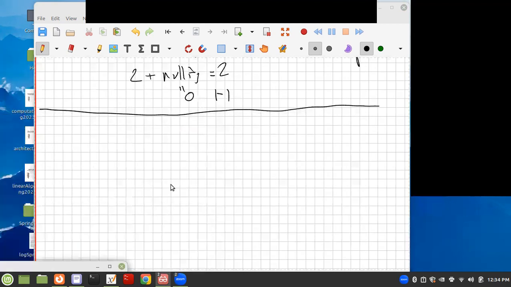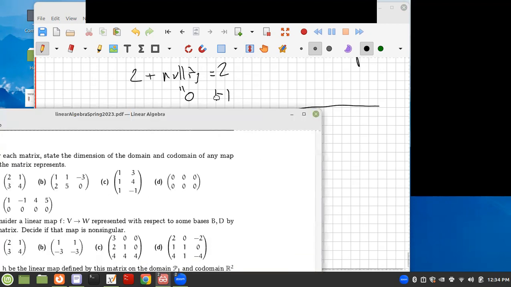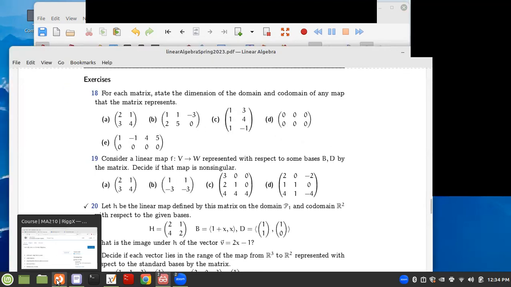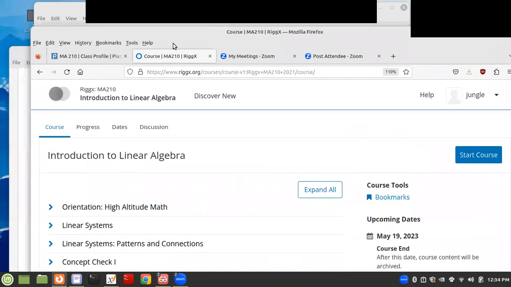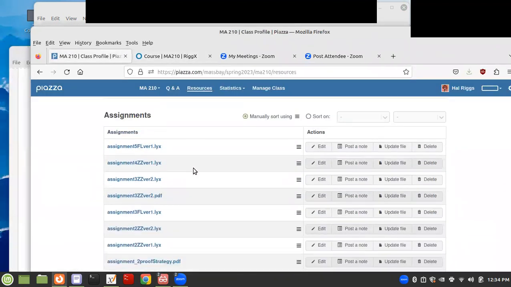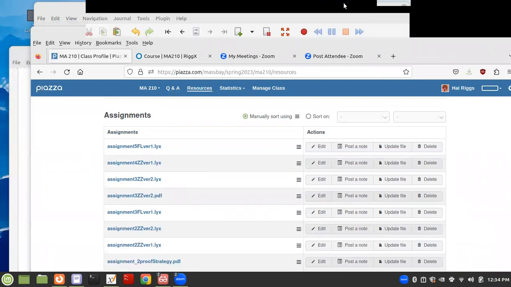You can also find whether a square map is singular or not by finding its rank, but let's look at the homework. Yeah, how about that? And see assignment. Okay, let's look at the homework.